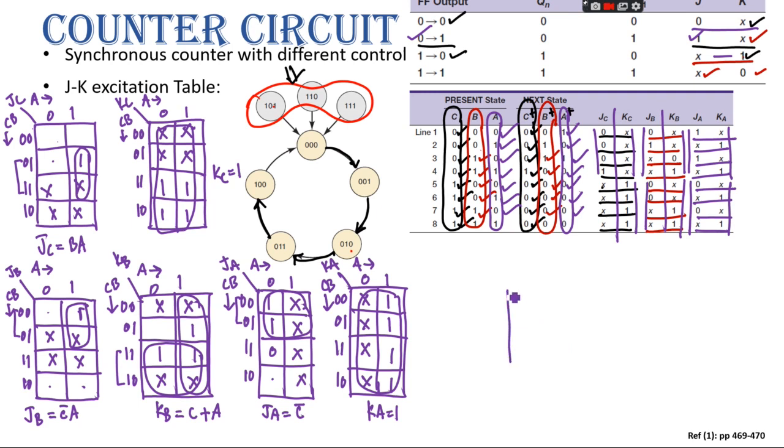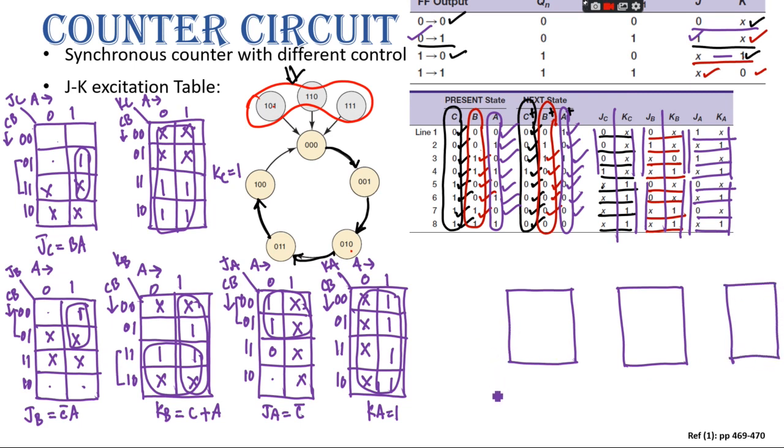So if I draw the 3 flip-flops, I should have the same clock pulse for each and every flip-flop. Synchronous.